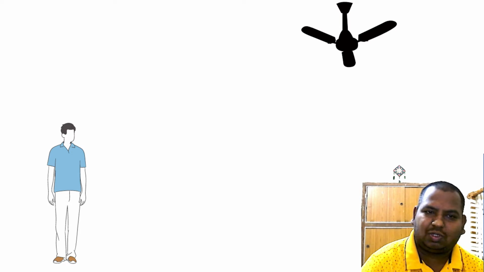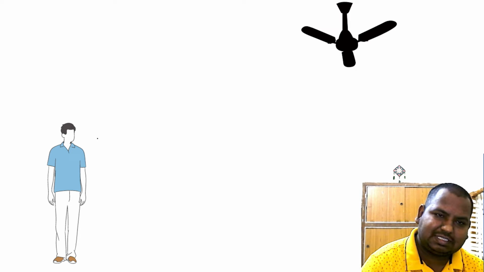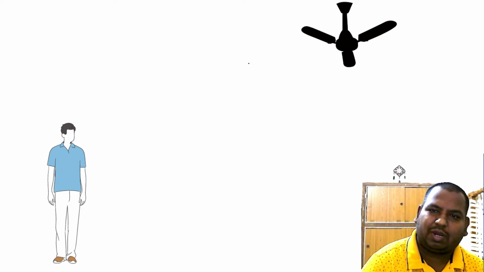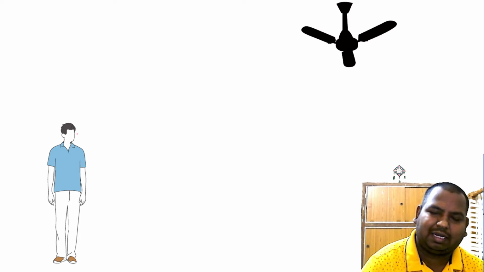then we can say angle of elevation is formed. So let us try to form an angle of elevation here. First thing, is the person looking up or down? The person needs to raise his head to look at the fan.